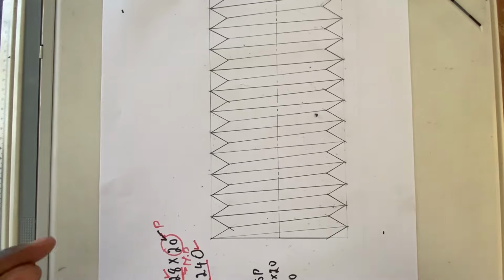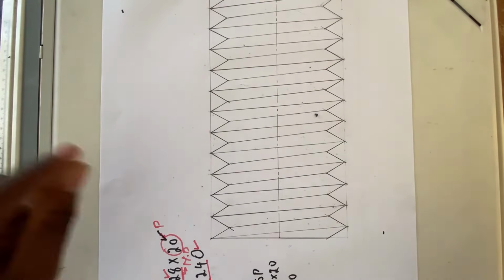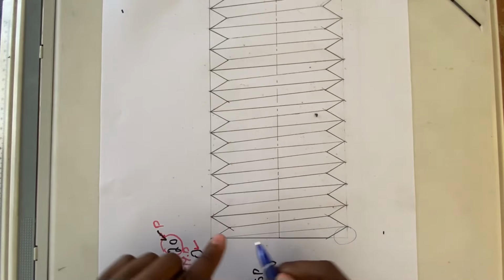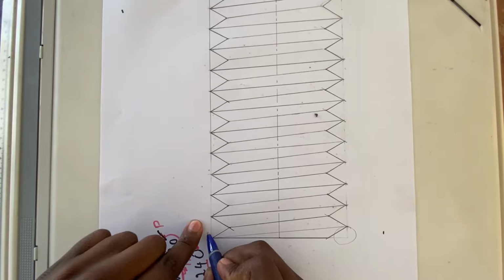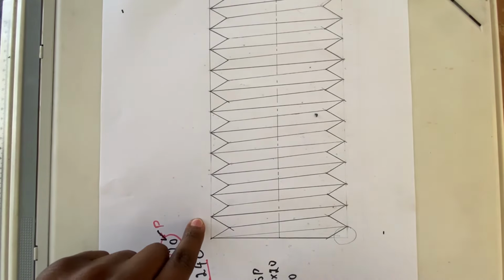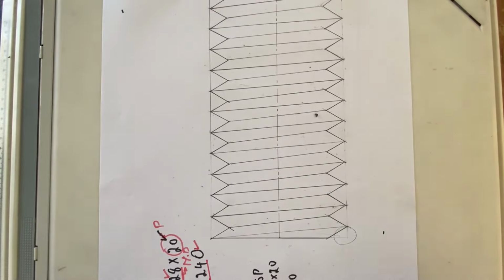If you are doing an external left hand screw thread, the 0.5 pitch will come on the opposite side, and the lines are going to slant to the right. So let me repeat.